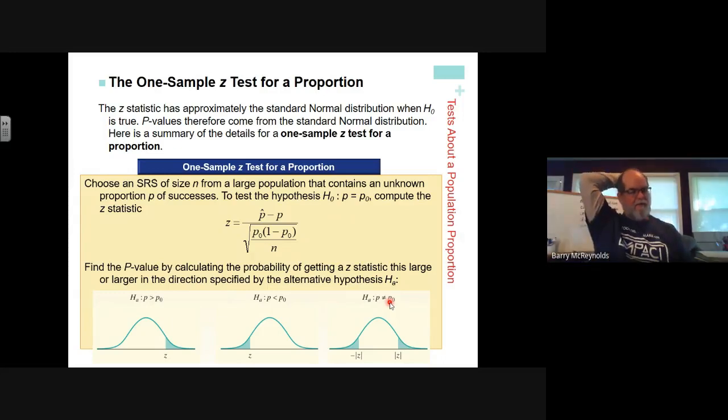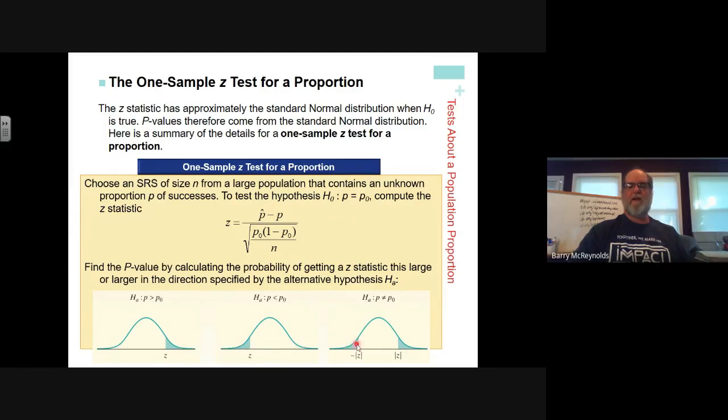Now, notice what we have in the two-tailed test. Our z-score is the same here and here. Okay, so we're looking for the negative absolute value of z and the positive, or the absolute value of z, which is a positive value. And so the area in these two tails is doubled compared to the area here.